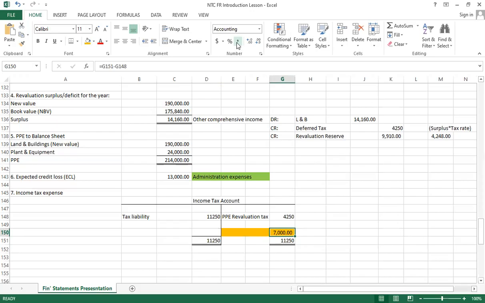You have to remember that in the P&L, we need tax expenditure, which we debit in our P&L. So what we shall deduct from our profits as a taxation expense for the period is this 7 million. So this one goes to the profit or loss statement as the tax expenditure.